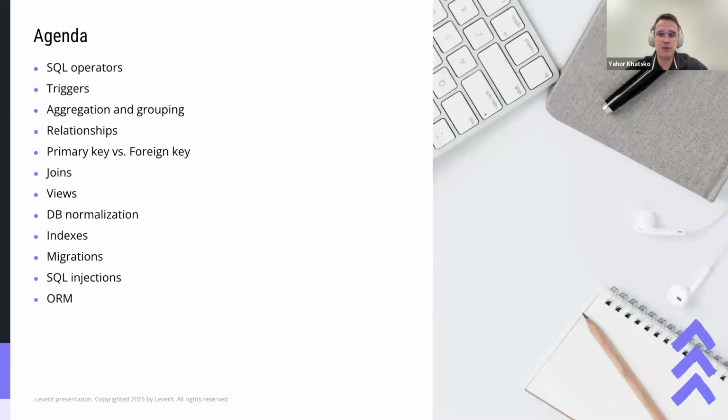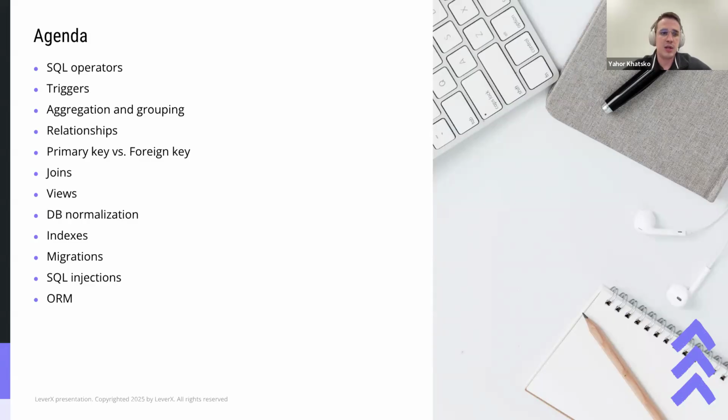So let's then move to the agenda. What we are going to learn. We will start with the basics. We will talk about SQL operators and the types of the SQL operators.